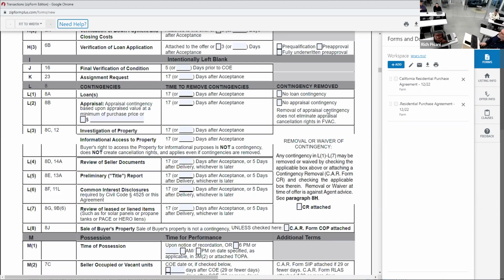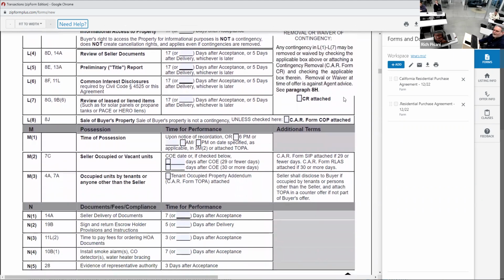If the buyer has to sell their property in order to get into this property, then there's an added form, the COP, which I've taught separately. That means this purchase is contingent on the buyer selling their property. So that's the sale of buyer's property.